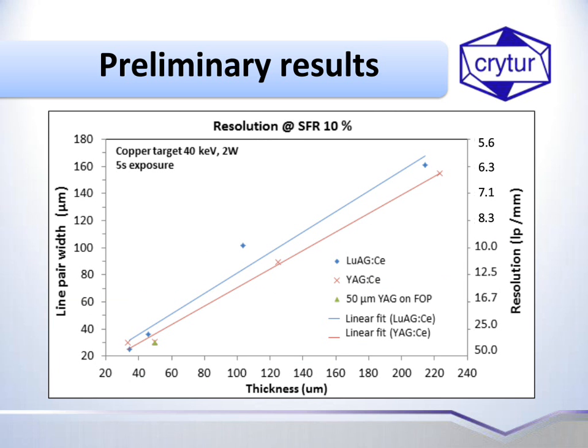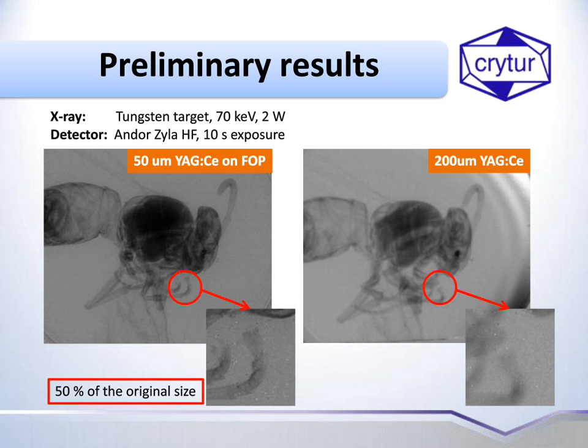Let's see some sample pictures of what we actually got. This is an image made with X-ray radiation of 70 keV with a tungsten target with 2 watts of power on the target, and by Zyla.